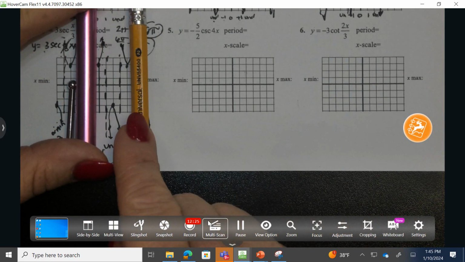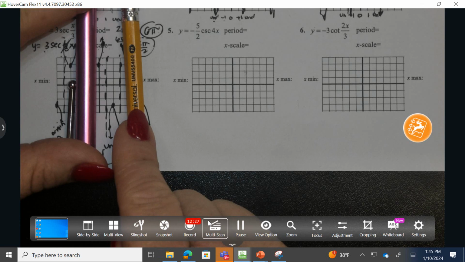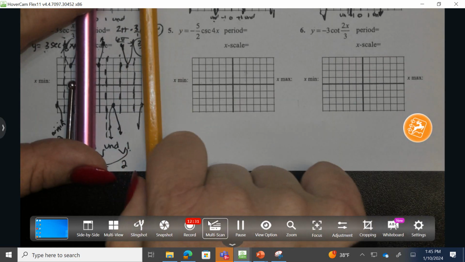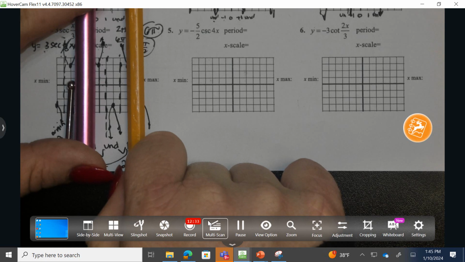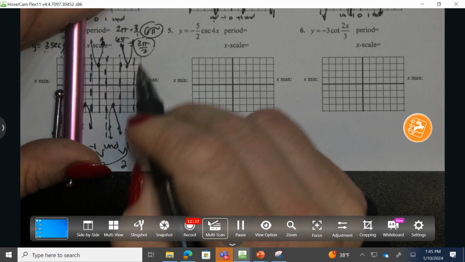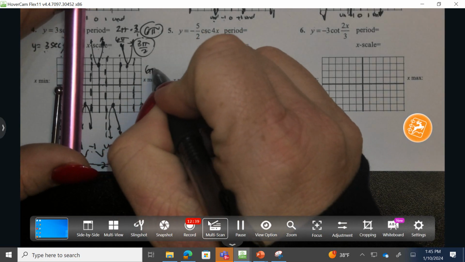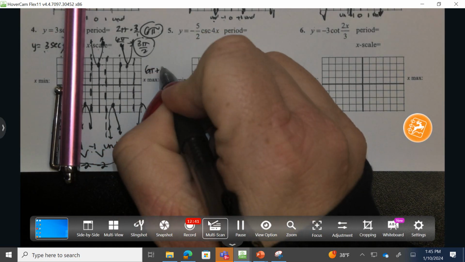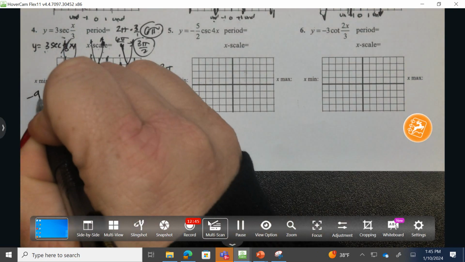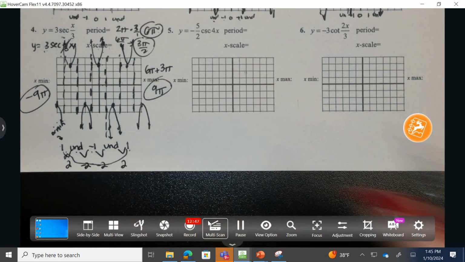Cycle begins here and it ends there. That is 1 cycle. 4 steps, 1, 2, 3, 4. So I have 1 complete cycle and I have 2 more steps, which would be a half of a cycle. 1 full cycle plus half of a cycle, half of 6 is 3. That gives me 9 pi to the right and negative 9 pi to the left.